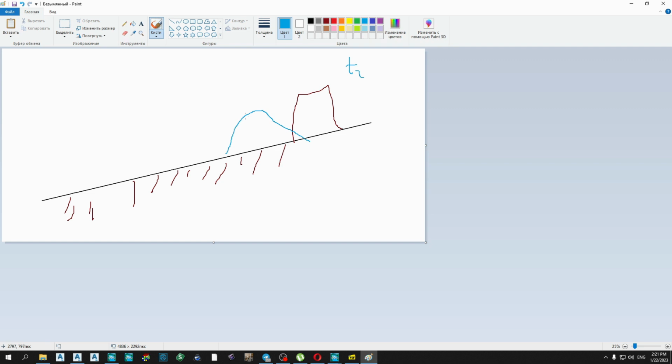In the next time step, T3, we will have the next wave, and you can see that this wave has a reduction; it doesn't have such a big maximum flow.